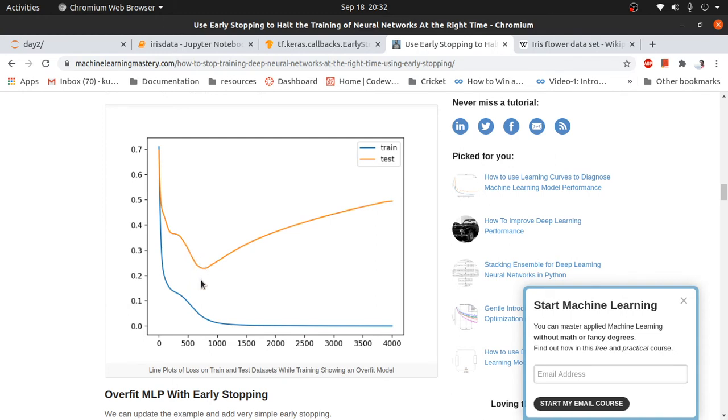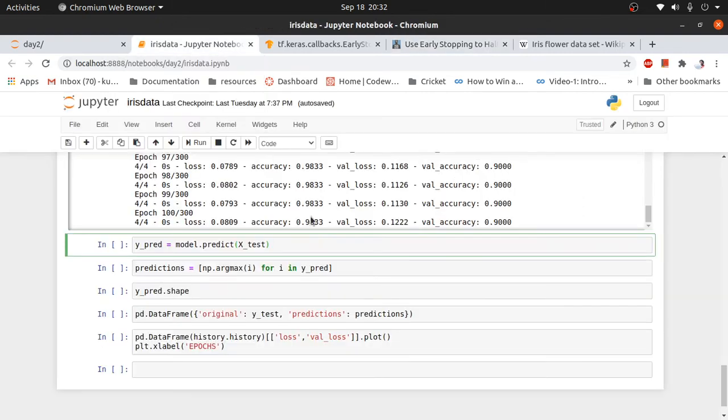Here we can see after around 800 epochs, the test loss, or we can say validation loss, is increasing. So early stopping will automatically stop here, because the gap between the validation and training loss is increasing, which means the model is overfitting. Please do look out for articles or videos on overfitting. It is a very important concept.